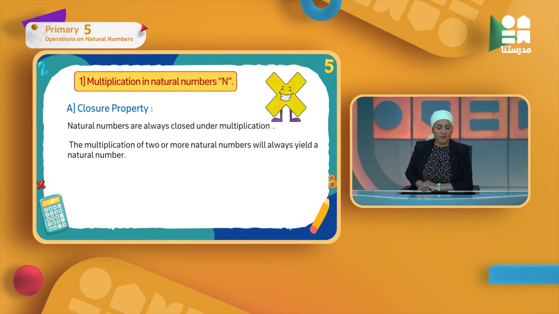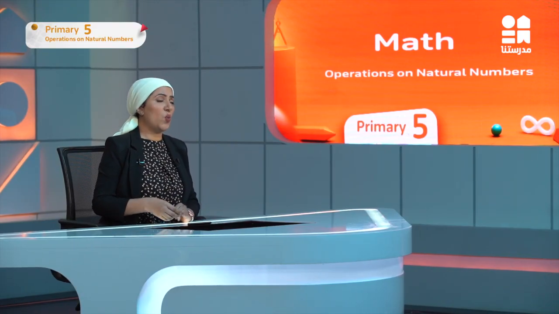It means that if I multiply two or more natural numbers, they will yield a natural number, or the answer will be a natural number. So A times B equals C, where C belongs to N. Yani, when I have two natural numbers and I multiply them by each other, the answer will also be a natural number. ولا هيبقى negative number, ولا هيبقى decimal number, ولا هيبقى fraction.